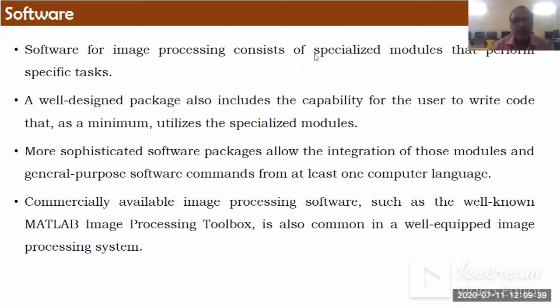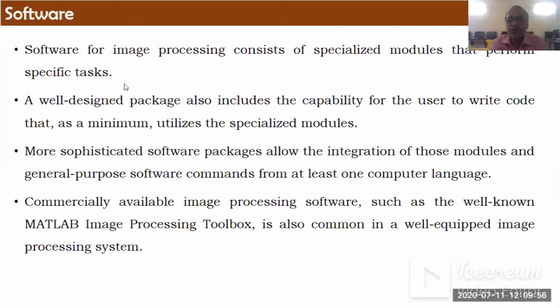The next component is software. Now we have studied the input device and the computer system, and the next is software. So what is software? For processing of the image, we require different types of software.